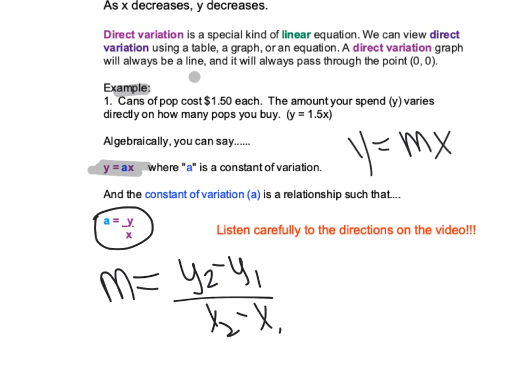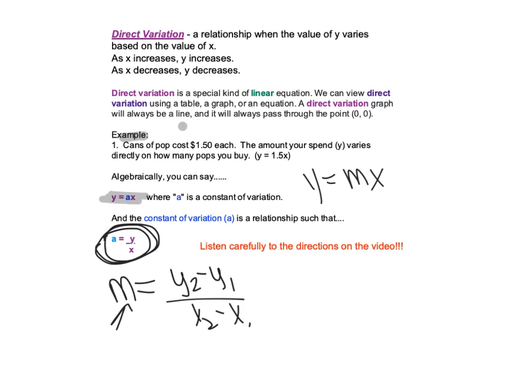Okay, so essentially your a value with direct variation is just like your slope. And if you notice, when you have direct variation, it's y equals a times x, kind of like plus 0 on the end, but we don't actually put that there. So direct variation looks like a linear equation, y equals a times x, where a is essentially like the slope.